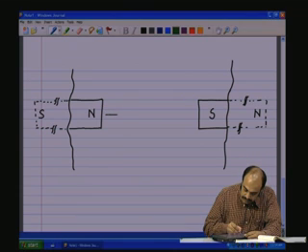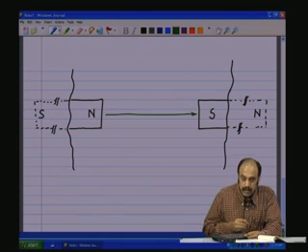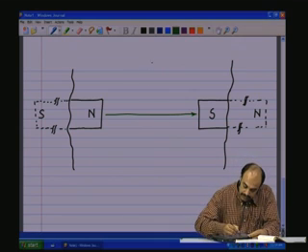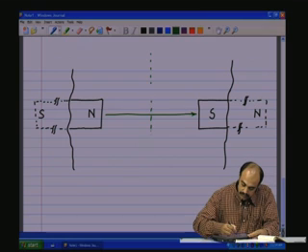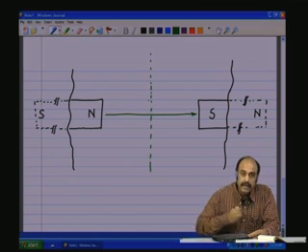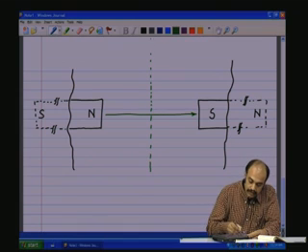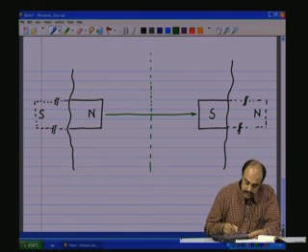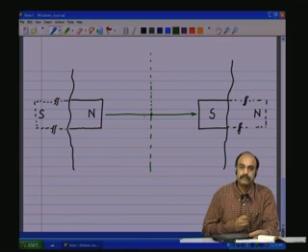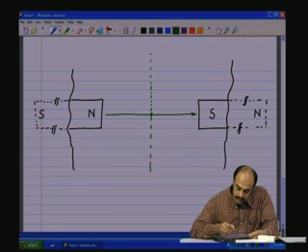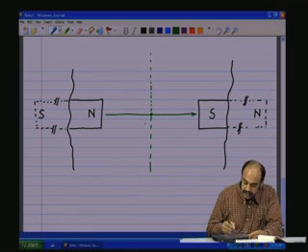It is quite strong north to south, but in the orthogonal direction, the field is 0. Now, in an arbitrary direction at an angle, the field is going to exist, but it is going to keep decreasing.